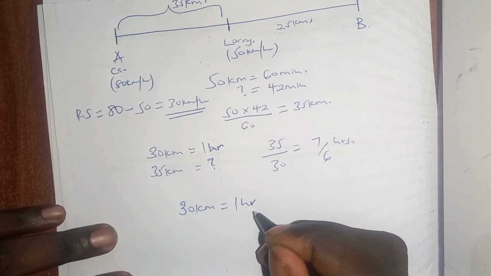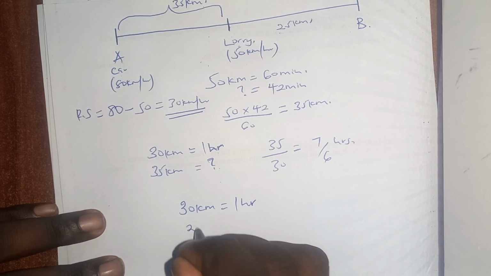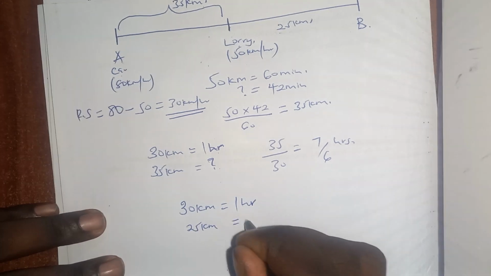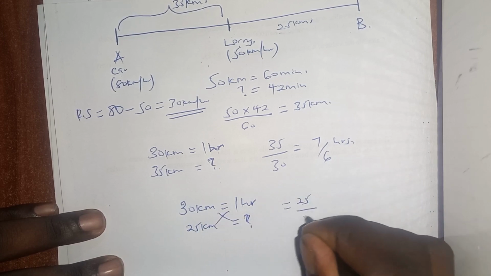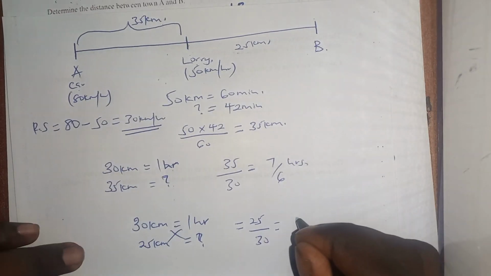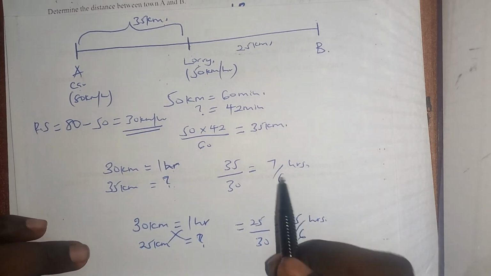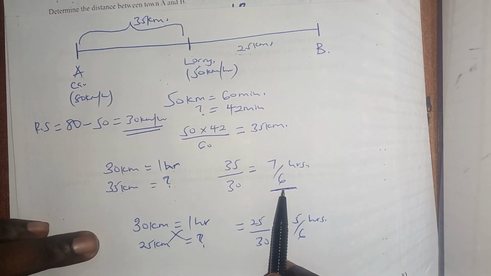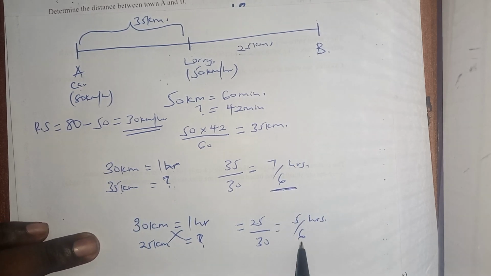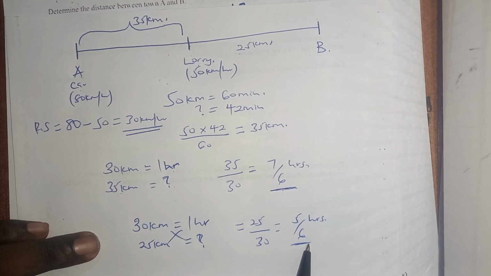Now we need to gain and leave the lorry with 25 kilometers. How long is that going to take us? It's going to take us 25 over 30, which is 5/6 hours, right? So 7/6 is the time the car took to get to the lorry, and 5/6 is the time the car took to overtake the lorry and gain a distance of 25 kilometers, okay?